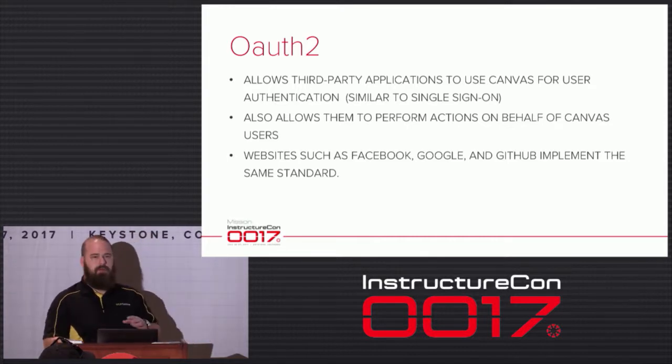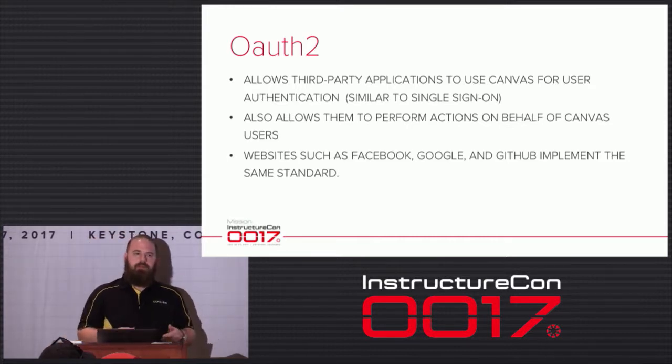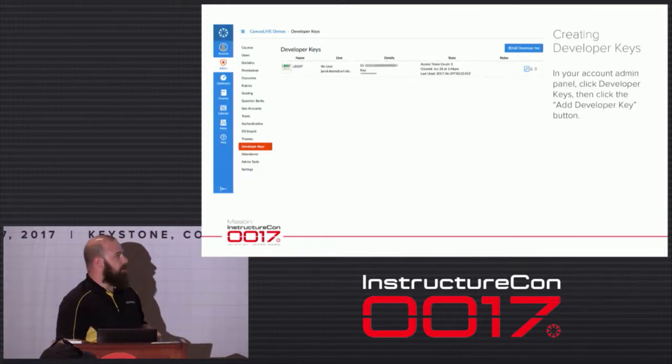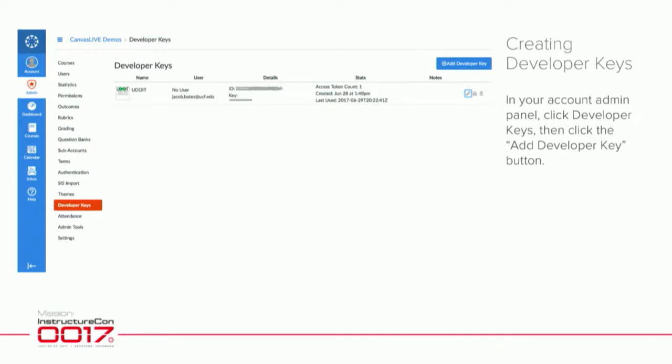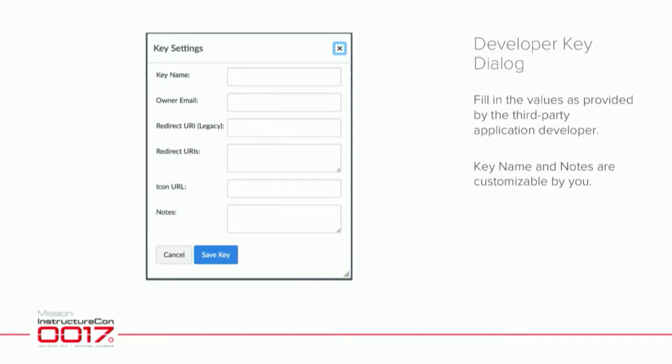First, I want to show you how to create a developer key to make sure we're on the same page as far as what I'm talking about for the rest of this. The image is a bit small, but I'll try to be descriptive of the locations of these things. In the account admin menu, there's a developer keys menu item. If you click on that and then click on the add developer key button in the top right, that will bring you to this dialog.